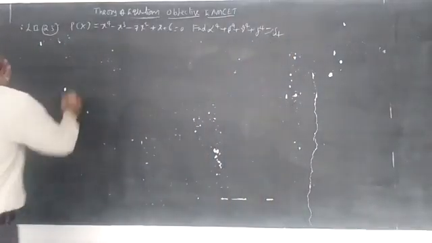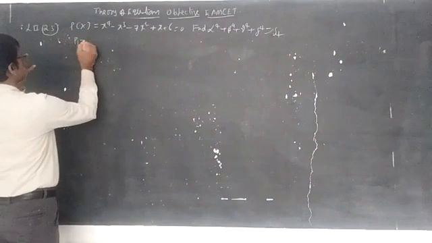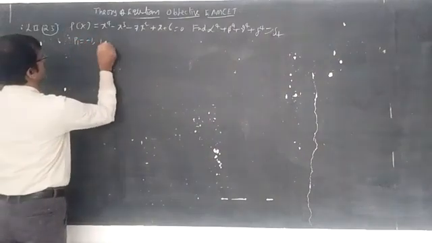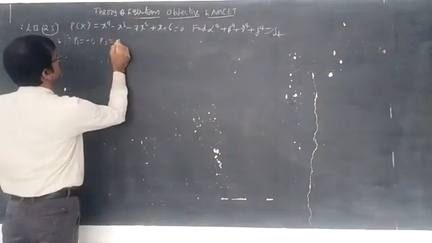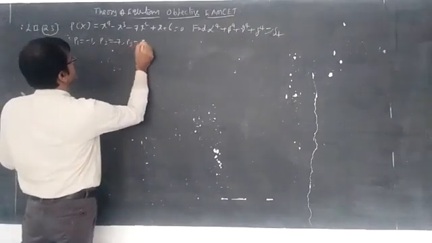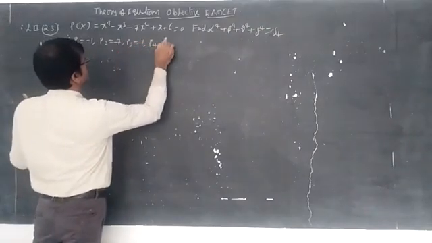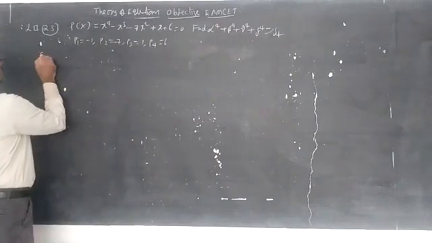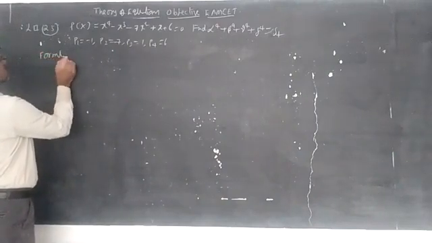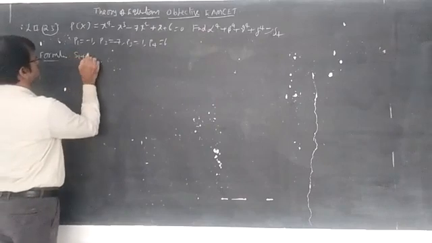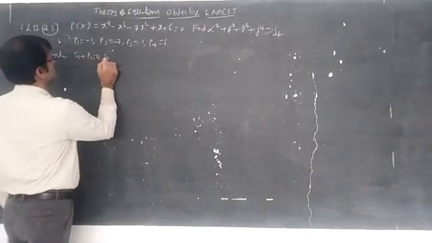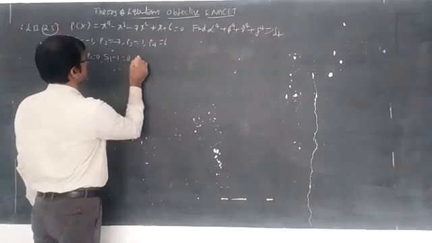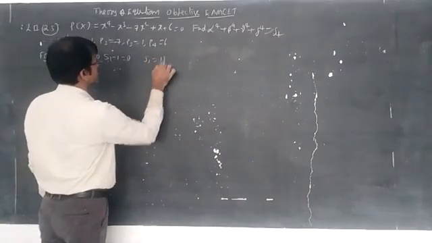Here you can understand P1 is equal to minus 1, P2 is equal to minus 7, P3 equal to 1, P4 equal to 6. Using Newton's formula, S1 plus P1 equal to 0. So S1 minus 1 equal to 0, S1 equal to 1.